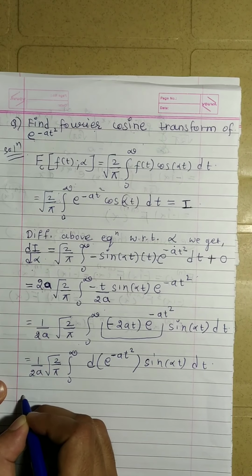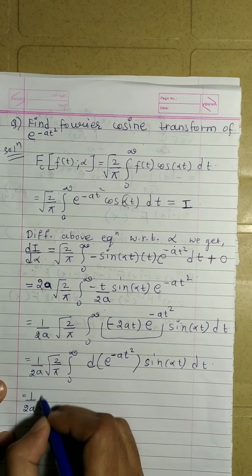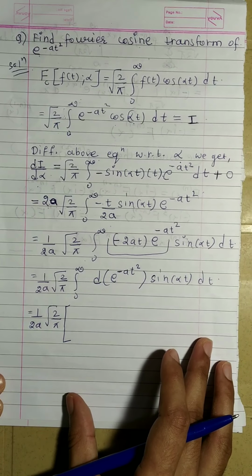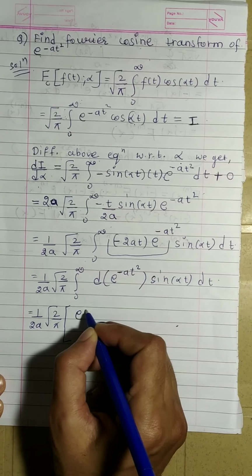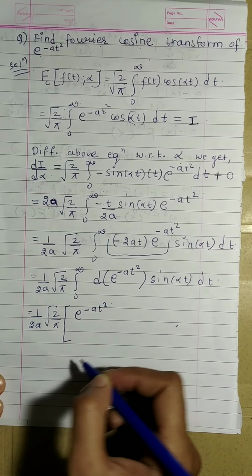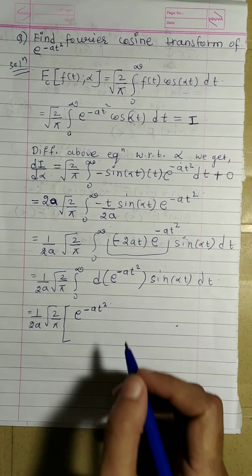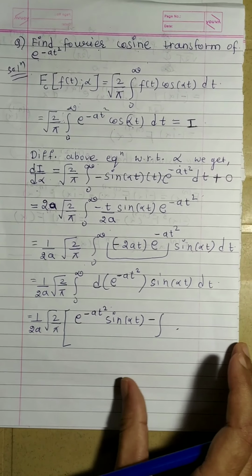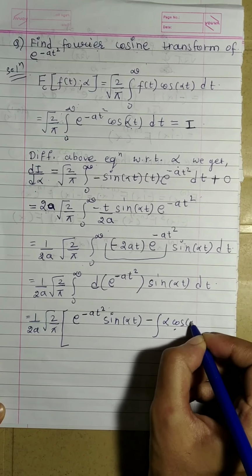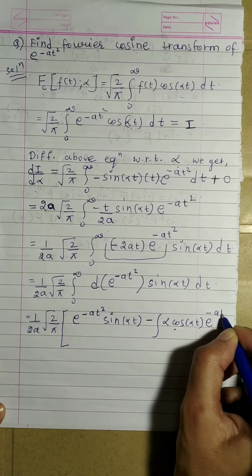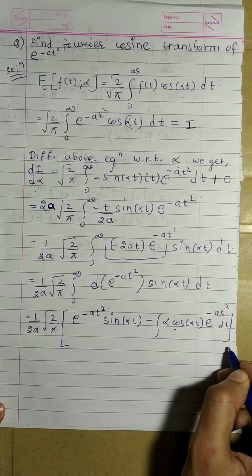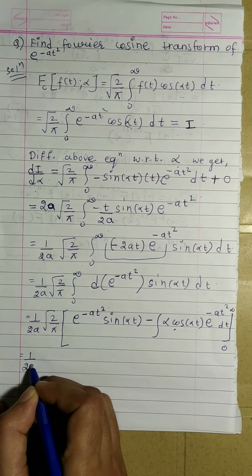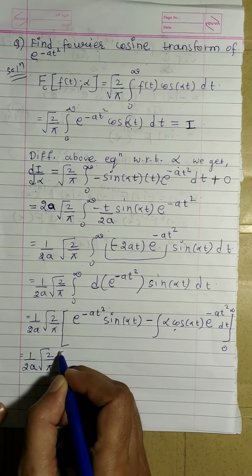Again, if we use integration by parts, what we will have is 1 upon 2a root of 2 upon pi, e raised to minus a t square into sine of alpha t, minus integral of alpha cos of alpha t into e raised to minus a t square dt.